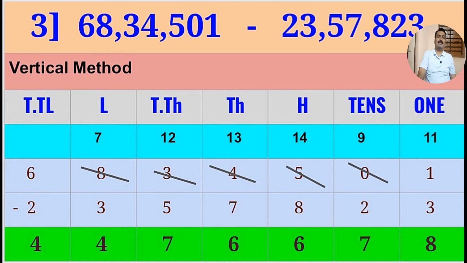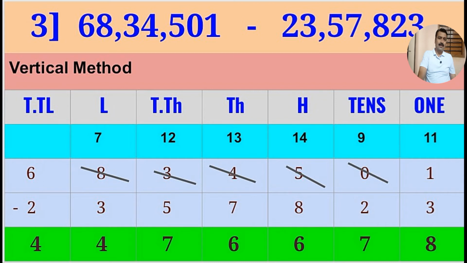After that, the next digit 3 we arrange below 8 in the lakh place column, and 2 below 6 in the 10 lakh place column. So after making this proper vertical arrangement of these two numbers, we start subtraction from the ones place.